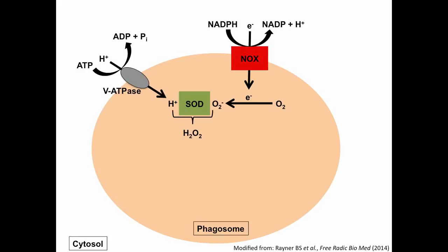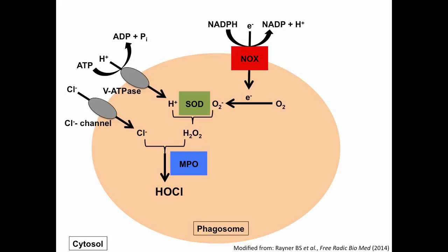In the next step, superoxide dismutases, shown here in green, subsequently convert superoxide into hydrogen peroxide, H2O2, which then functions as a substrate of myeloperoxidases, MPO, shown in blue.